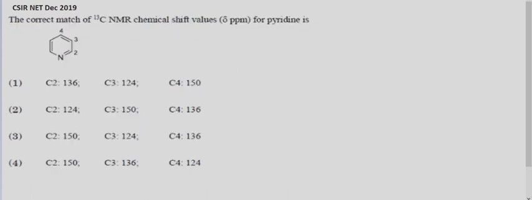So this is the next question: the correct match for the C13 NMR chemical shift values of pyridine. For this question we could always think that since the nitrogen is present here, the corresponding carbon should be at a higher value because nitrogen is highly electronegative.